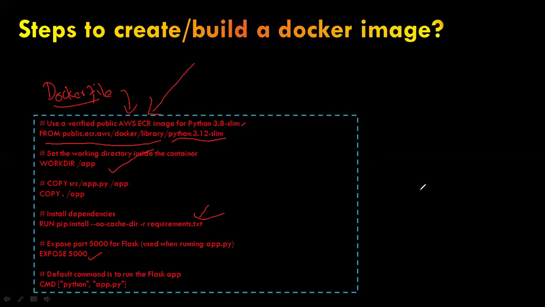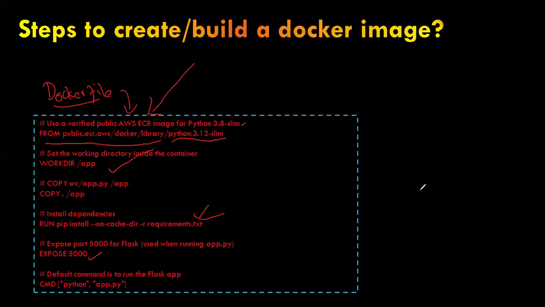If you don't expose it, other applications or your web browser cannot access this app which is running inside your container. Then what is the point in installing a Flask app inside your Dockerfile? I just repeated: the Flask app uses the default port number 5000, and we need to expose it.